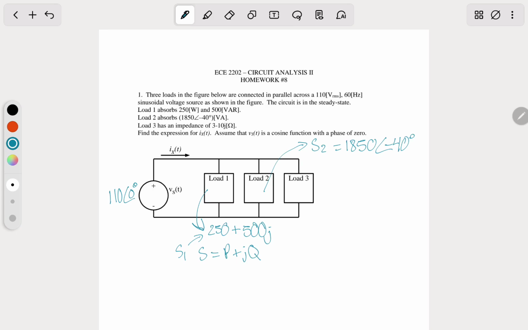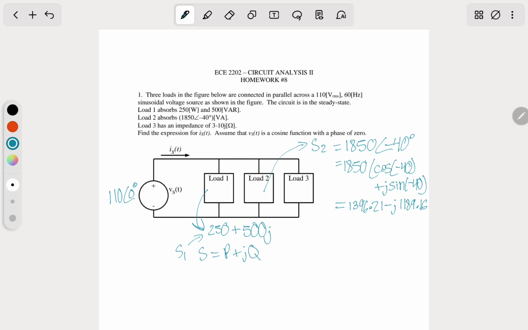But in order to use it to find the total complex power, we need to convert it, and we can convert it by plugging in 1850 times cosine of negative 40 plus imaginary sine of negative 40, which will give us 1396.21 minus imaginary 1189.16.